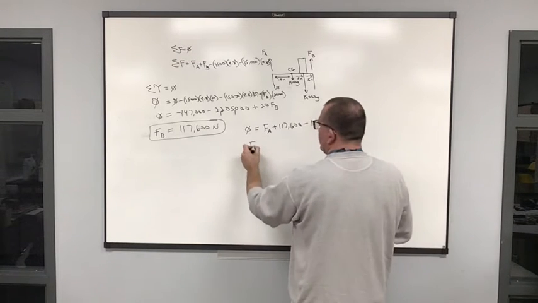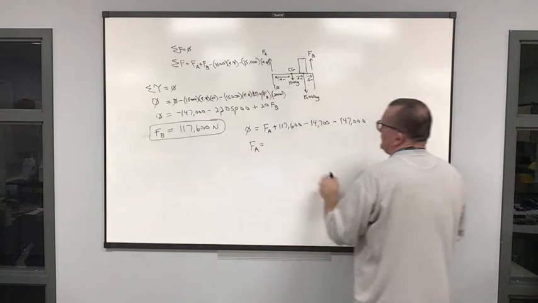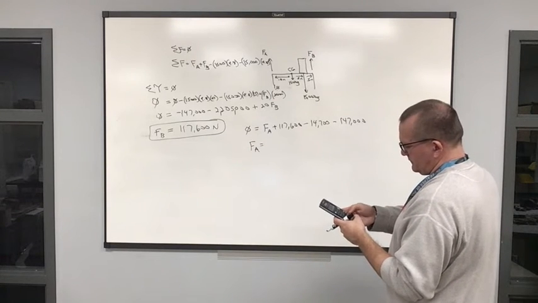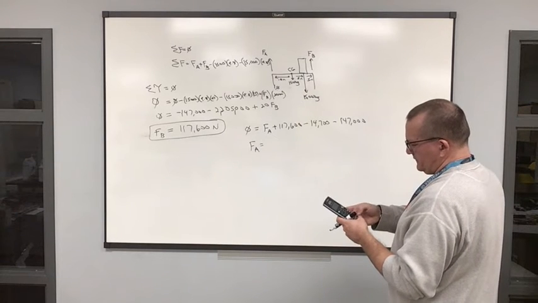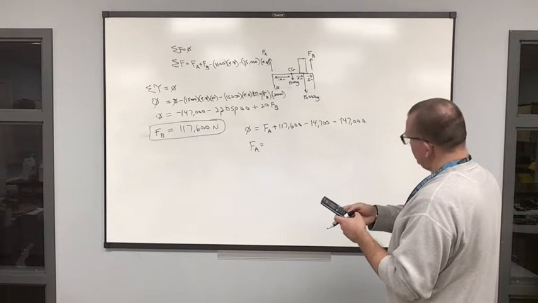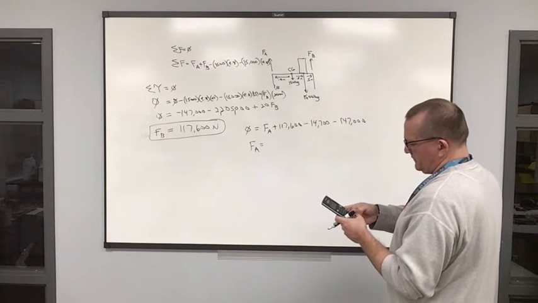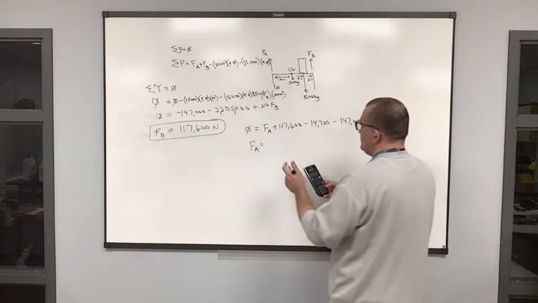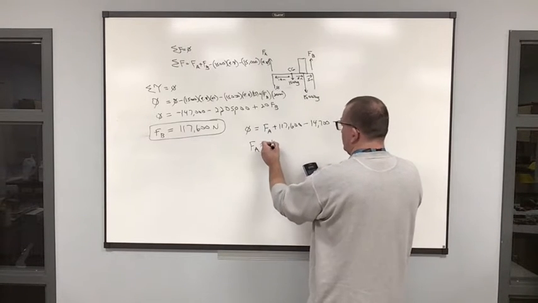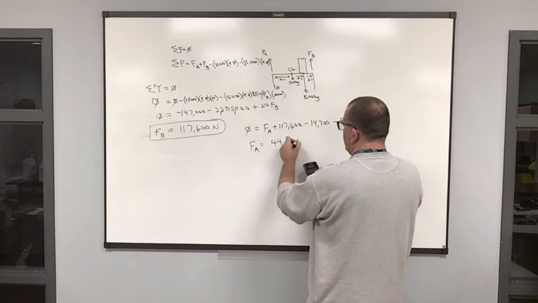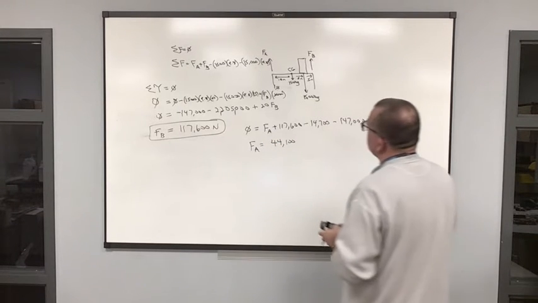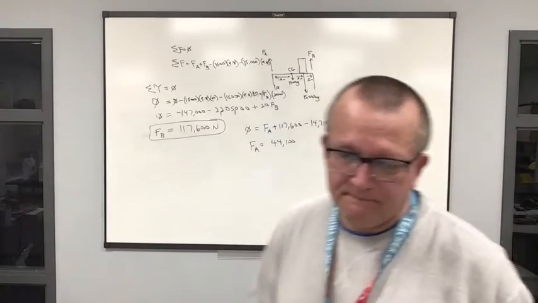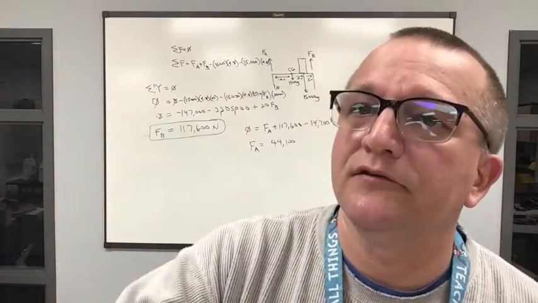I can now solve for FA. 117,600 minus 14,700 minus 147,000. And FA should be 44,100. And that's just to pick up the slack. So we found both forces.